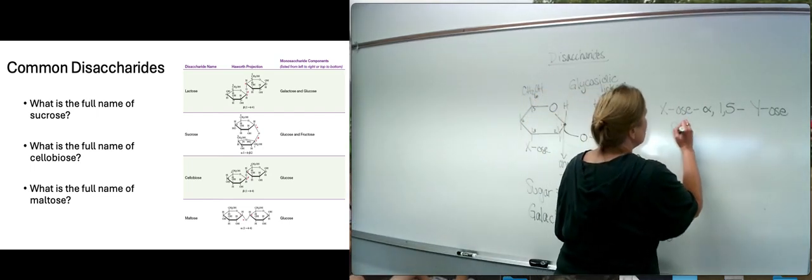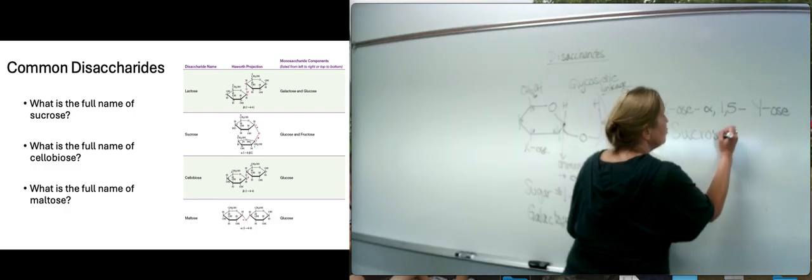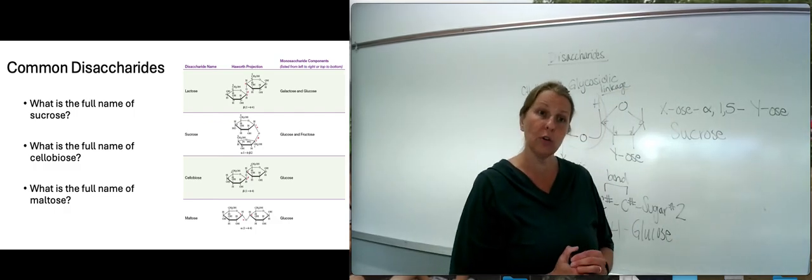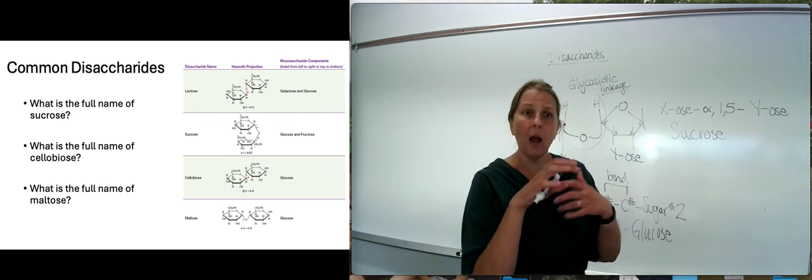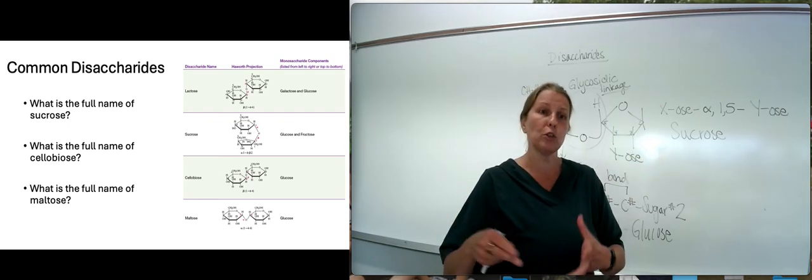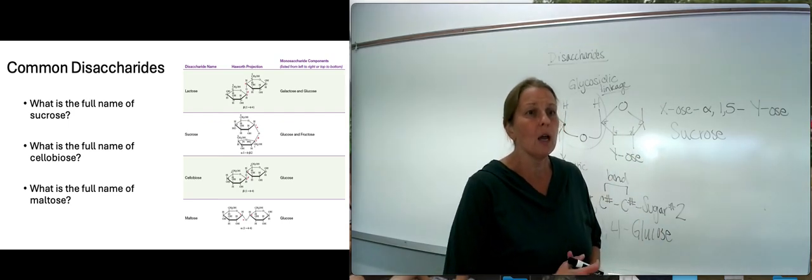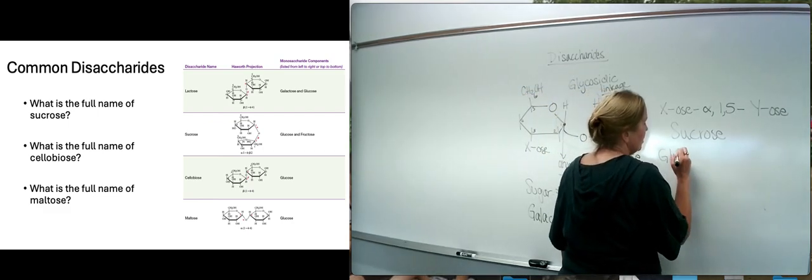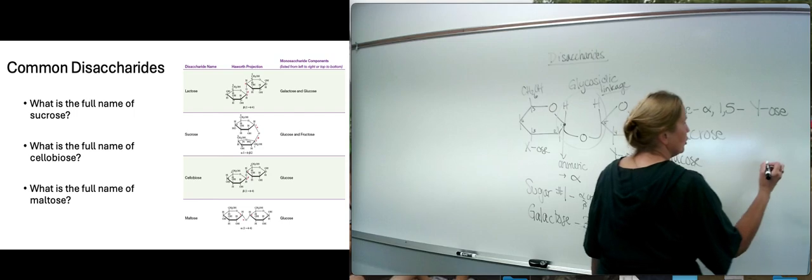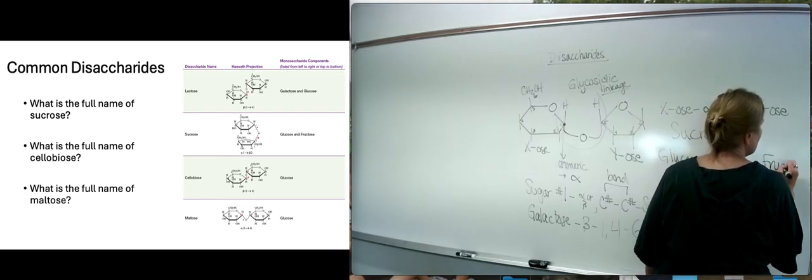Sucrose is also known as table sugar. So this is the kind of sugar you get like sugar in the raw, or just sugar that you buy from the grocery store to bake with, etc. Well, if you take a look, it's glucose and fructose. So we know our first sugar will be glucose, and our last sugar will be fructose.